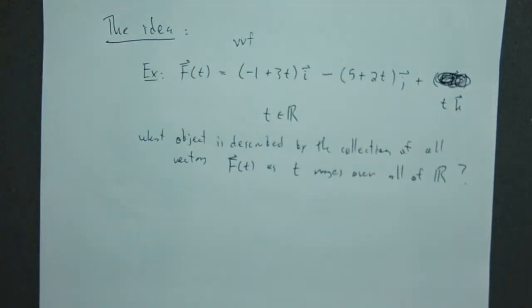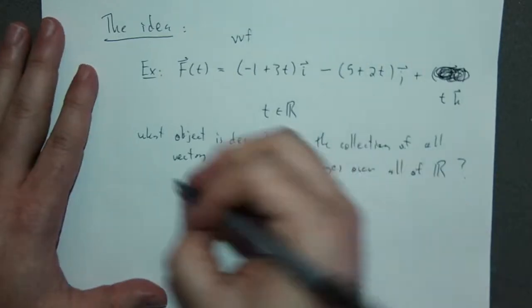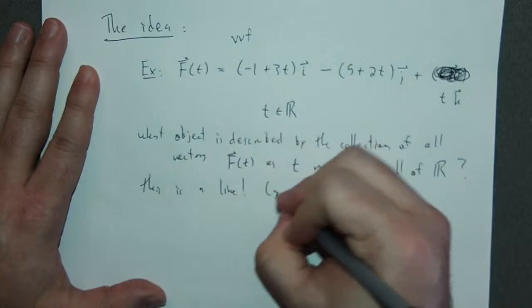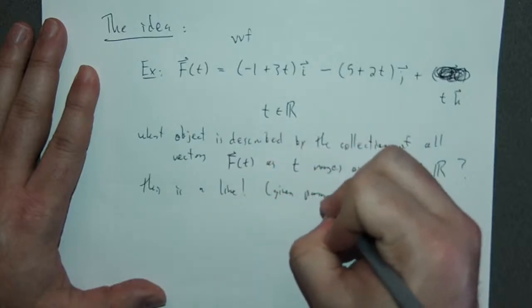If I say consider the set of all vectors big F of t, where t ranges over all the real numbers, what does this describe? It's a line. This is the parametric description of a line, given parametrically.